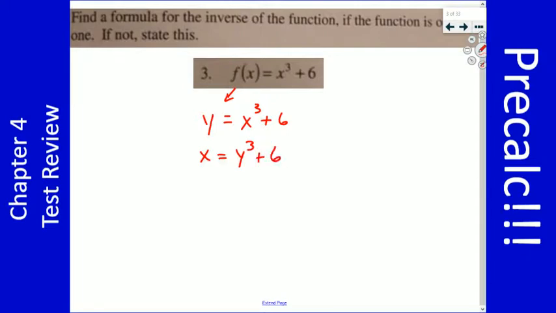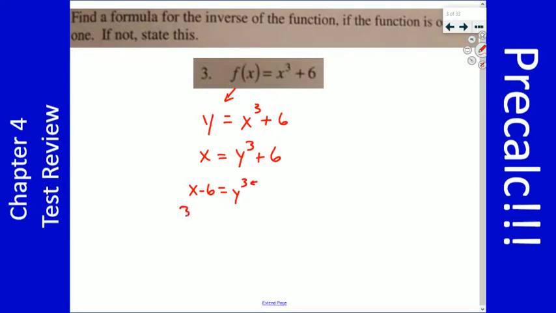x equals y to the third power plus 6. So now we want to get y by itself. We need to get y by itself in order to find the inverse of the function. So we're going to subtract 6 from both sides. So x minus 6 equals y cubed. And then we're going to take the cube root of both sides to undo our cube. To undo this y cube right here, we do a cube root on both sides.